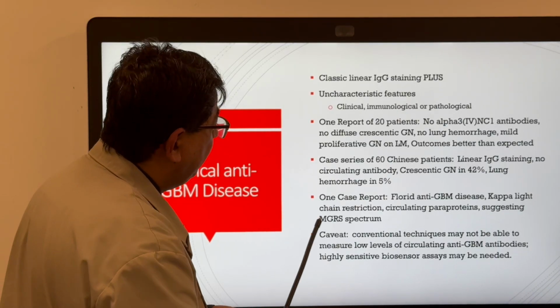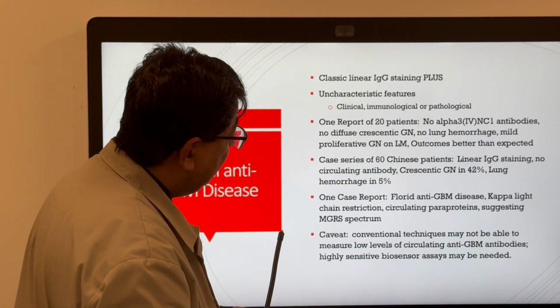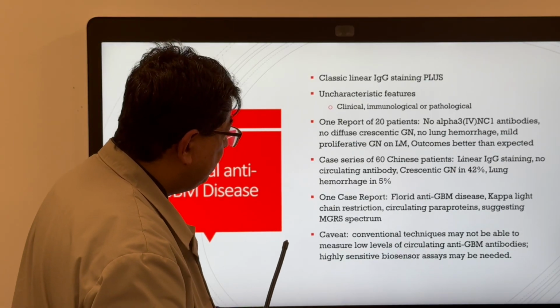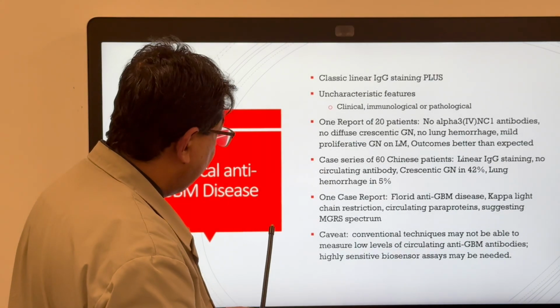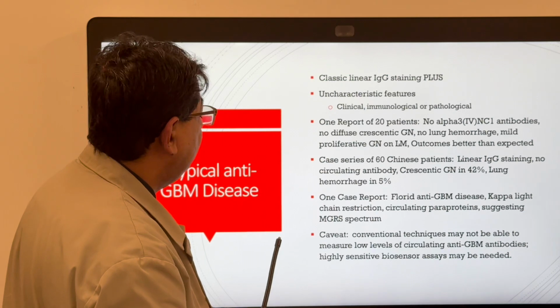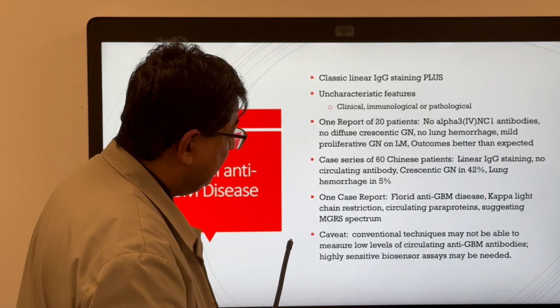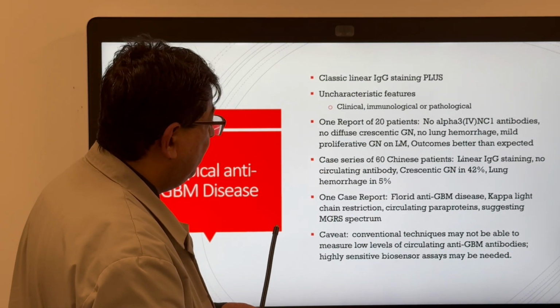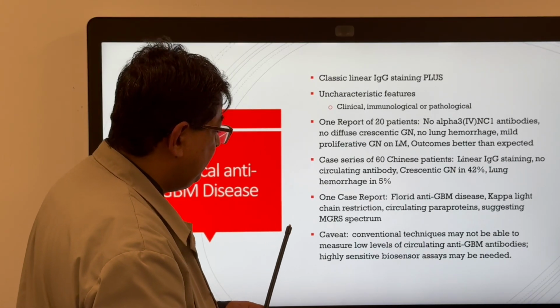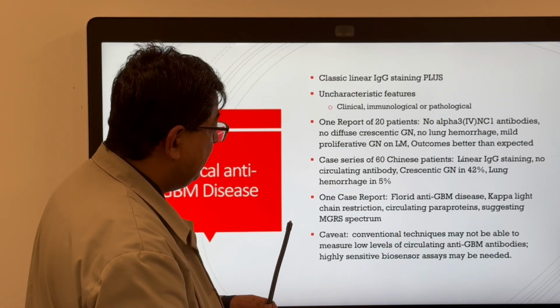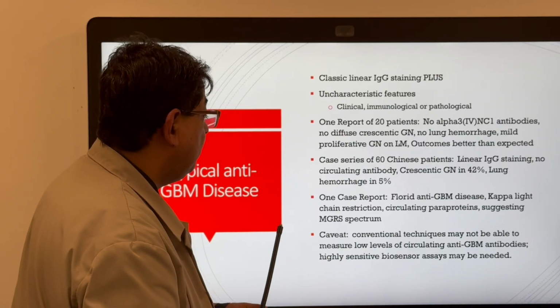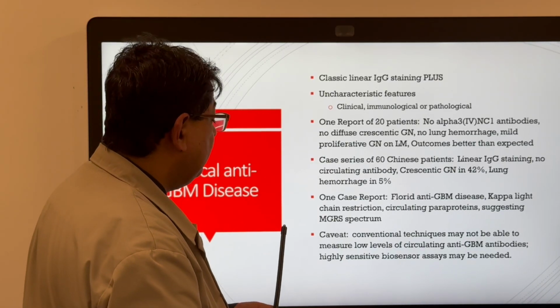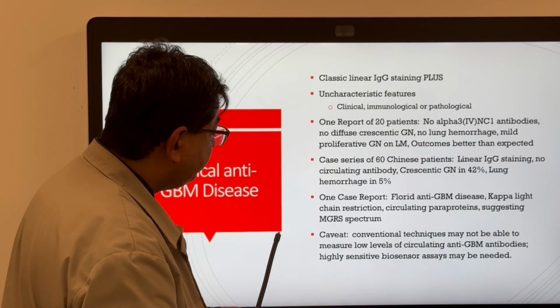And in 42%, you had crescentic GN, and 5% had lung hemorrhage. So clearly, somewhat uncharacteristic. And then there was one case report of florid anti-GBM disease with kappa light chain restriction, circulating paraproteins, suggesting a monoclonal gammopathy of renal significance spectrum.